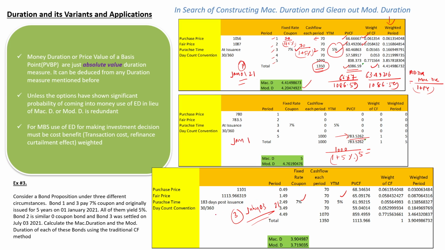Just know that June 30th was the last coupon date. So just a couple of days have passed, and thereafter we have to find out the Macaulay duration or the modified duration on July 3. So all that we do is we make use of the day count convention. It is 183 days post issuance, and the day count convention is 30/360.